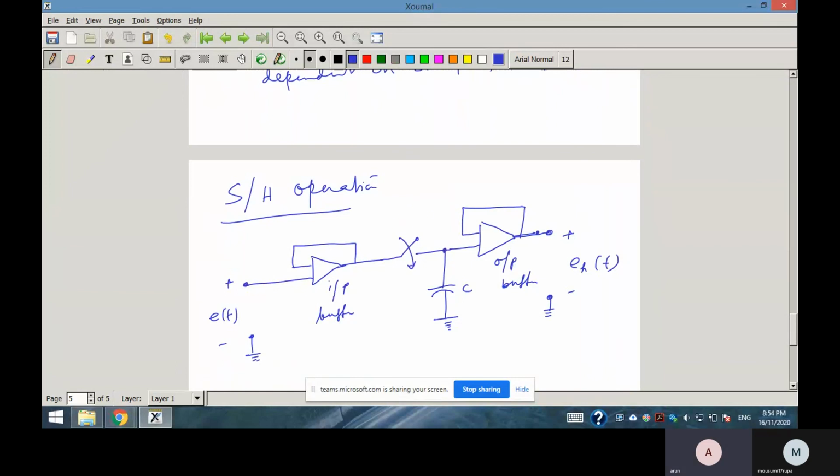So here the output is your e*(t), the sampler output. This switch is closed at T interval.